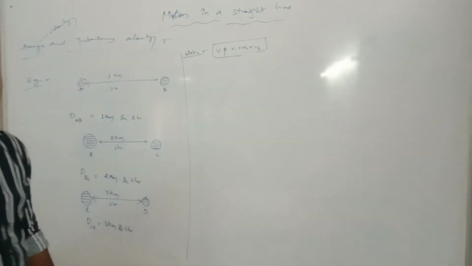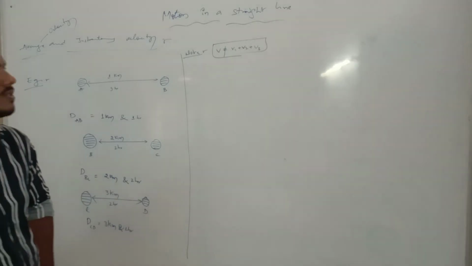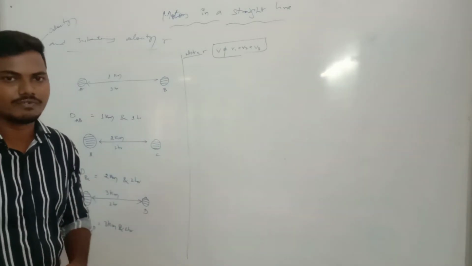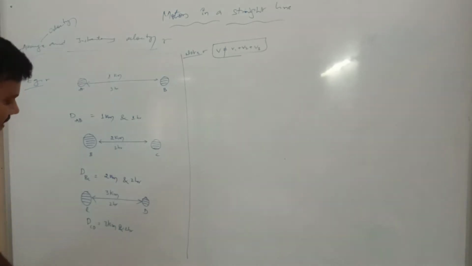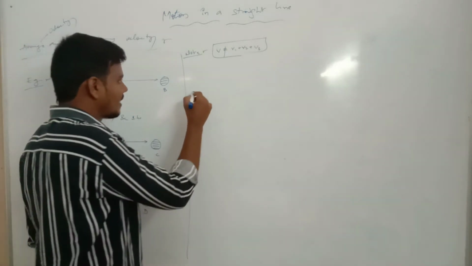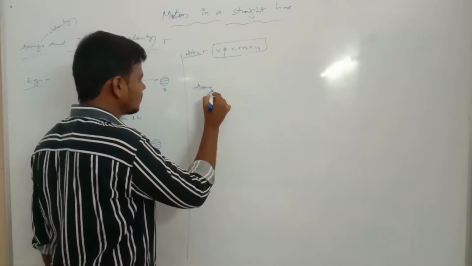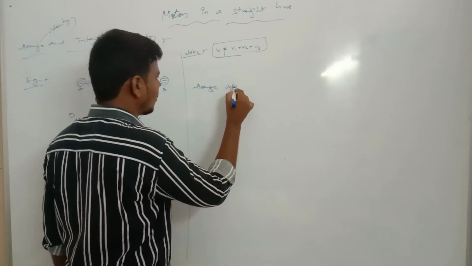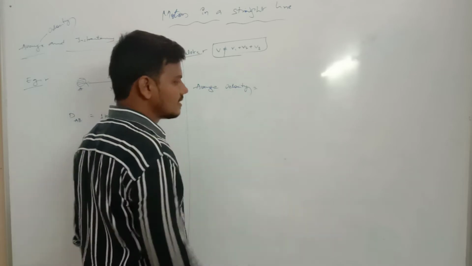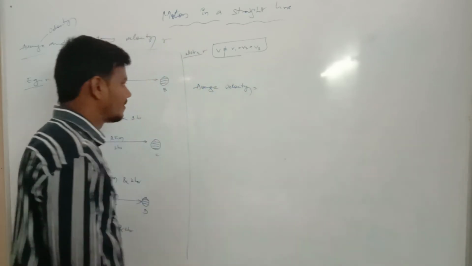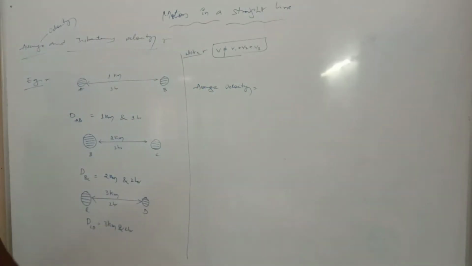The total velocity is not equal to the sum of the velocities. Now this is a very important part. The topic we are discussing is the total or average velocity. Average velocity means the total displacement covered in the given time period.